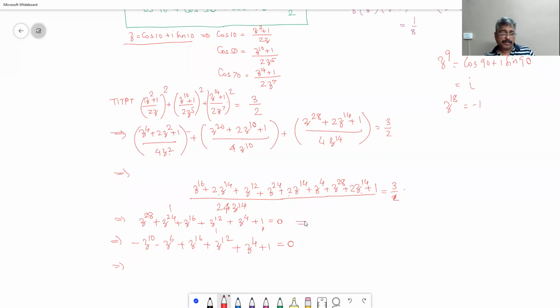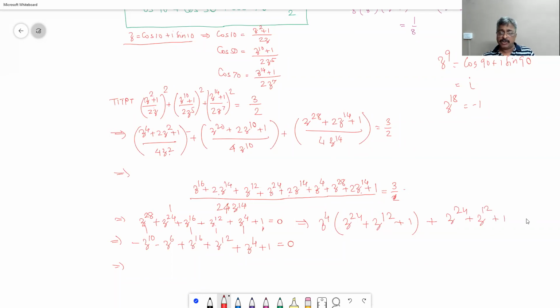What he is trying to point out here is z raised to 4. If we take out common, then we have z raised to 24 plus z raised to 12 plus 1. This plus this and this. Okay, yeah, I mean this is good. So these are the three terms plus z raised to 24 plus z raised to 12 plus 1.